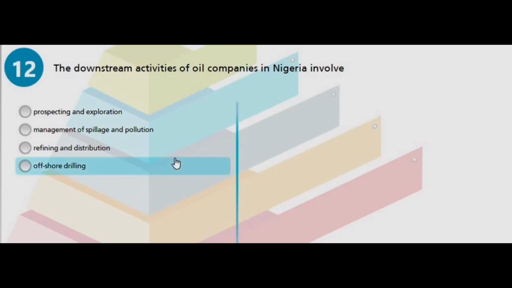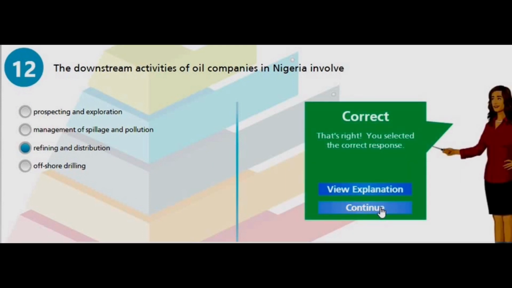Okay, downstream activities include all activities that take place from the point of production of crude oil to the point of sales. So, upstream involves production and exploration. Okay, so the answer is refining and distribution. So I gave you a little time to think, but I'm sure you picked C as well. So let's see. That's the right answer.